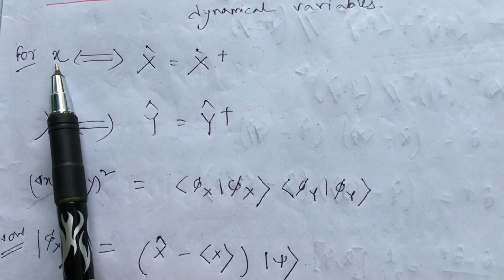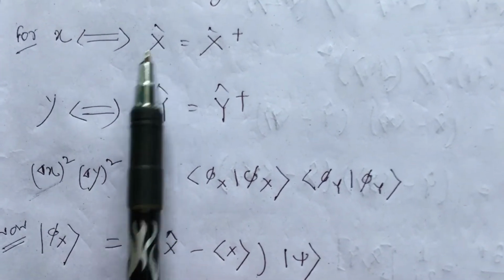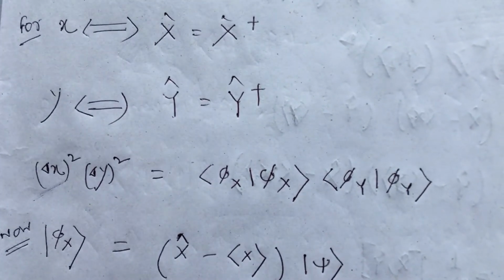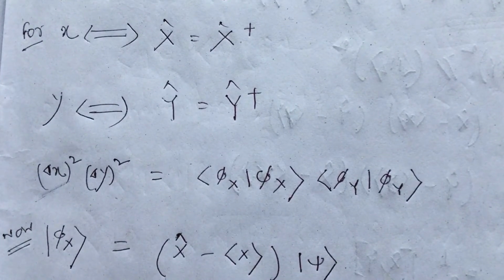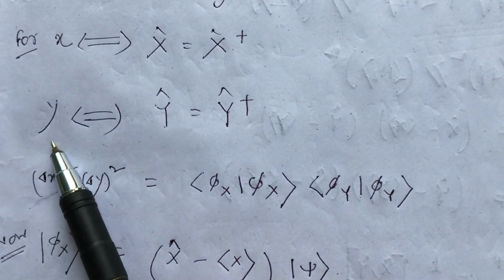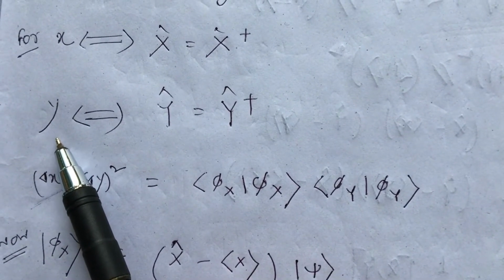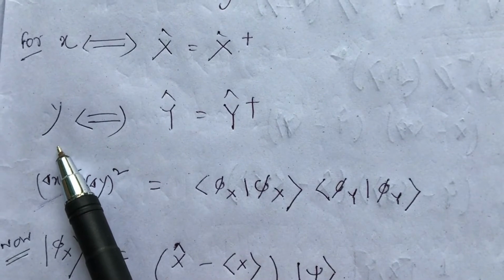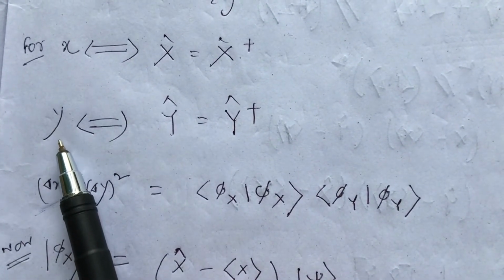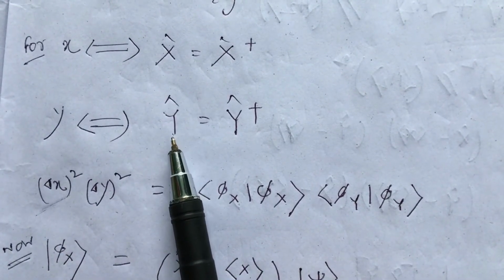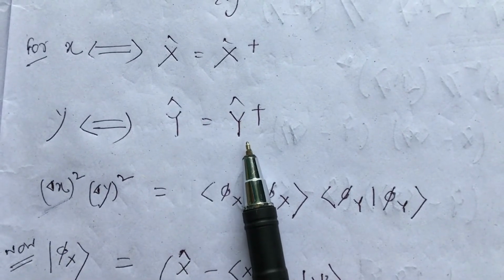So as position has real eigenvalues, this operator must be a Hermitian operator, because eigenvalues of a Hermitian operator are real. And this is also a dynamical variable. Dynamical variable means what we can measure, and we get real eigenvalues as a result of measurements. And so for this dynamical variable, I have this y operator, and as this is a dynamical variable, this is also a Hermitian operator.